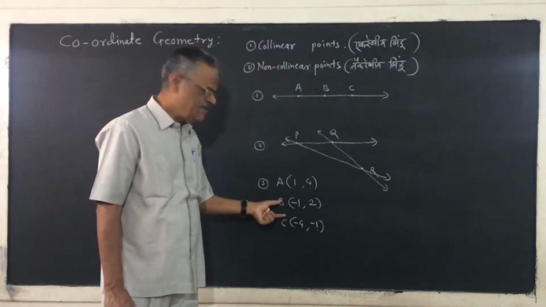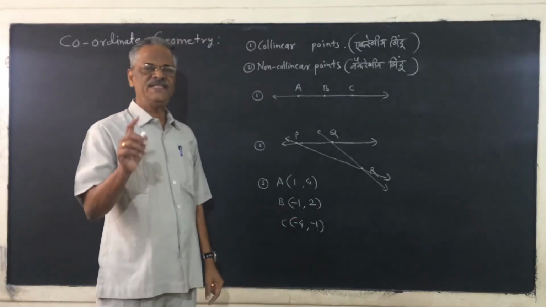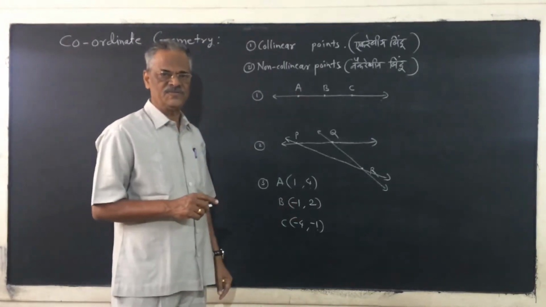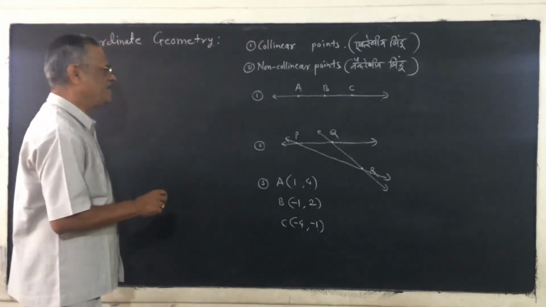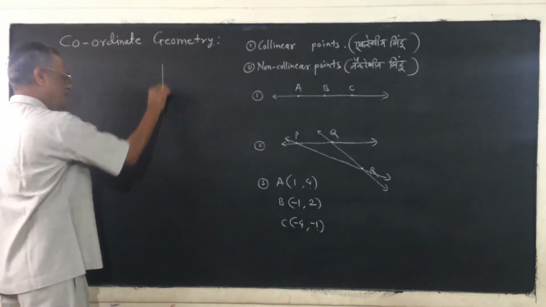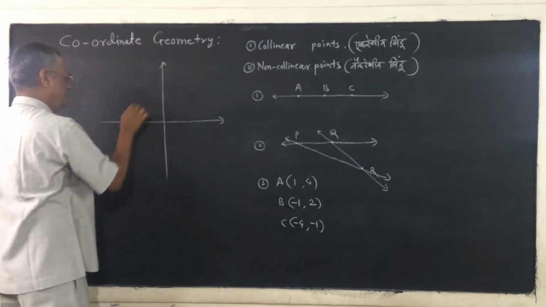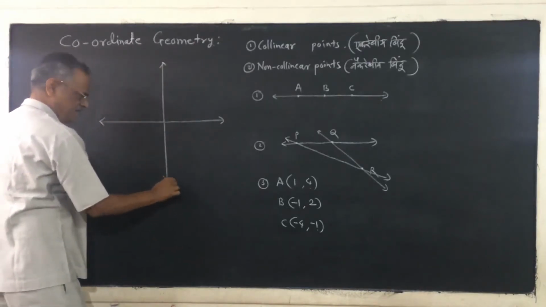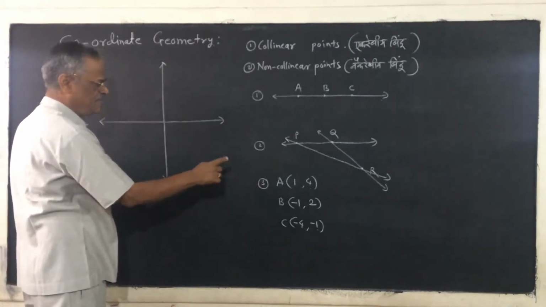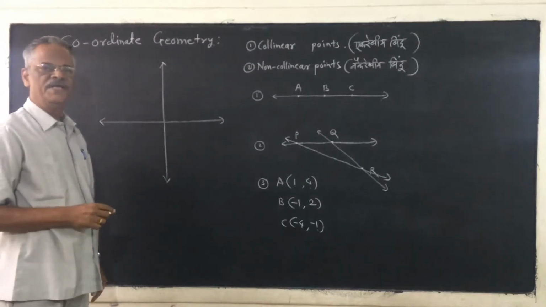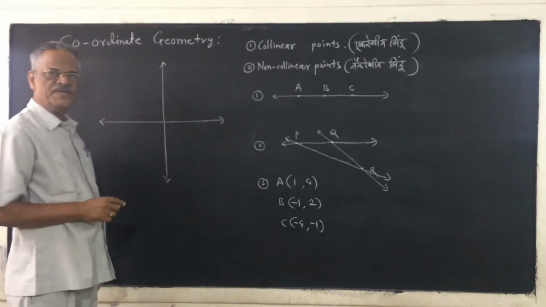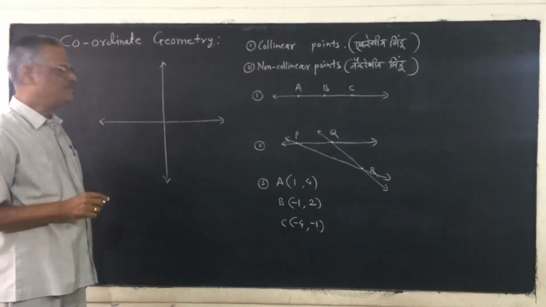So, when the coordinates are given, we can think of the graphical method also. What is that graphical method? If we consider the coordinate system, we can plot point A. What are the coordinates? 1, 4.